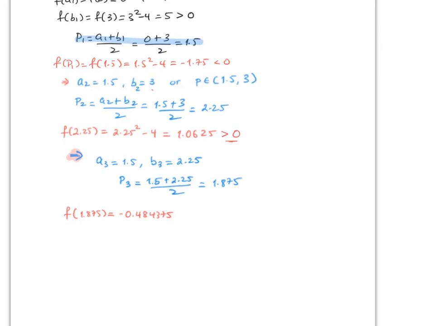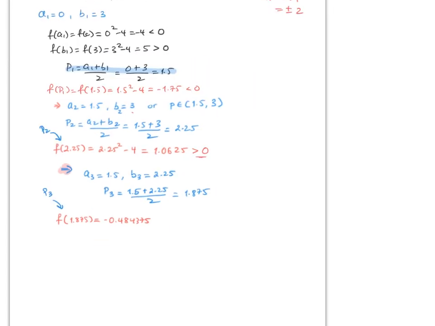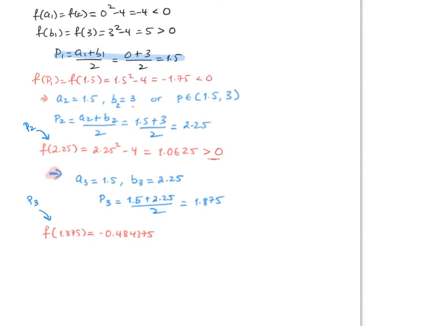So as you can see, this is still not close to being 0. So you do this a few more times, you'll get there after a few more steps. Now here it will check the absolute error between two successive iterations.